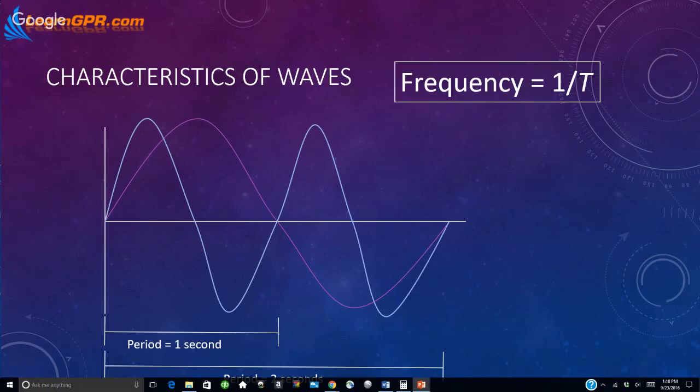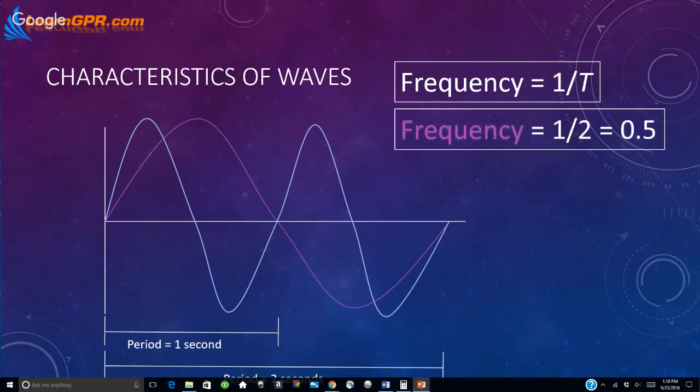The way you calculate the frequency is 1 divided by the period, T. So what's the frequency of the purple wave? 1 divided by 2, super simple math, equals 0.5. So 0.5 is the frequency of the purple wave.